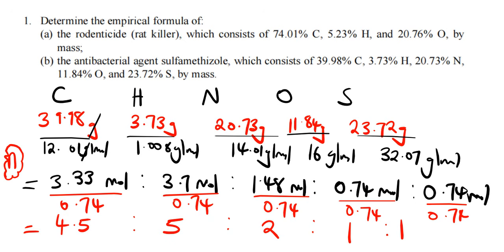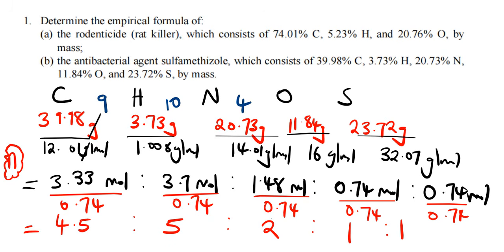For carbon, it will be 9. That will be the final empirical formula. For carbon we have 9. Multiplying 5 by 2 for hydrogen, we have 10. Multiplying 2 by 2 for nitrogen, we have 4.